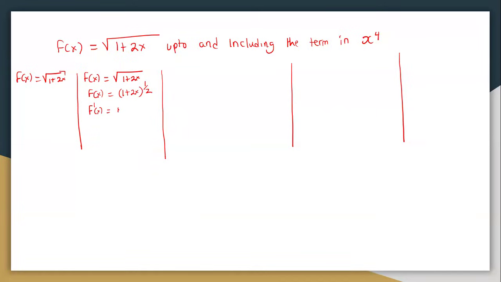So I've dropped the power, into 1 plus 2x, then power negative a half, then times 2. So f prime of x will be 1 plus 2x power negative a half.